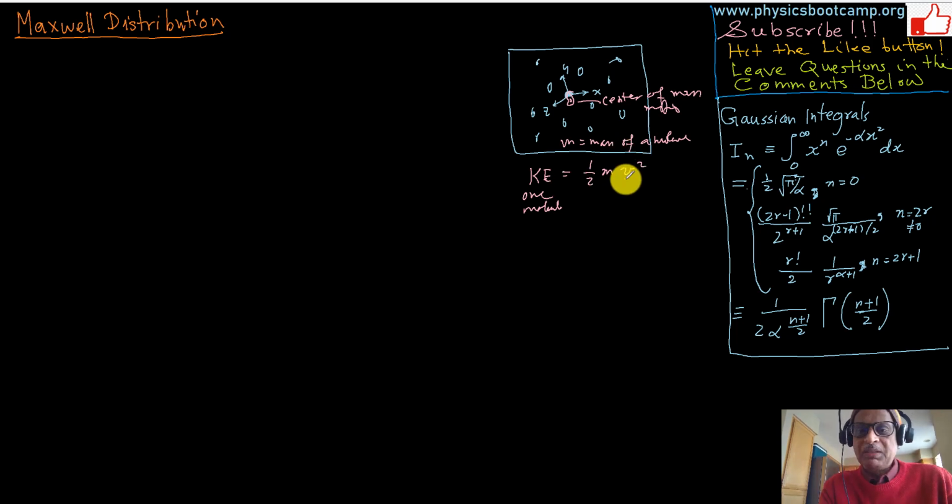But this speed squared, if the velocity is in that direction, then you can do x, y, and z components. So this will be half m vx square plus vy square plus vz square. Now you can see all the molecules are moving at different speeds and different velocities.